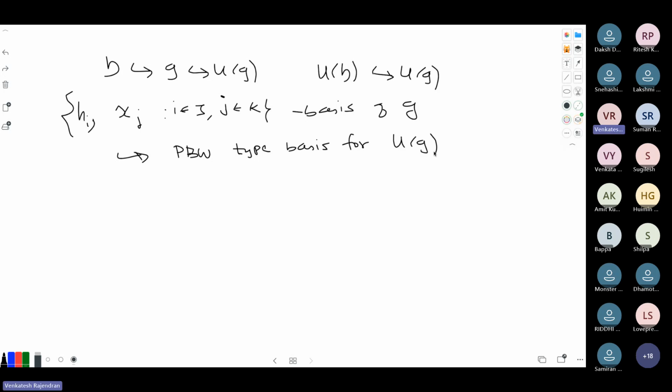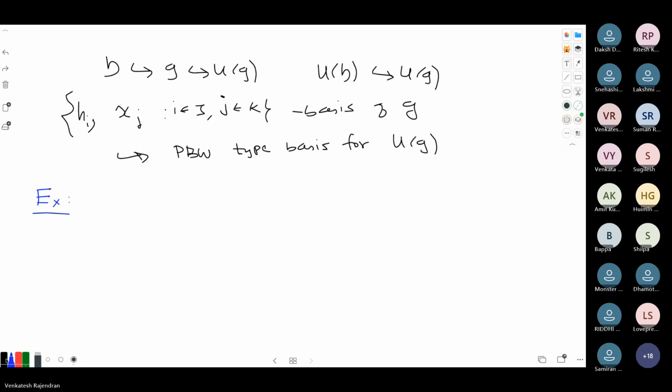Now if you think about it, you can take monomials only coming from H. Then that will be a basis of UH. It's not very hard to prove. This is a very simple exercise.